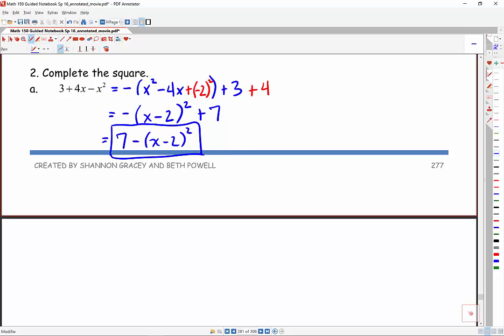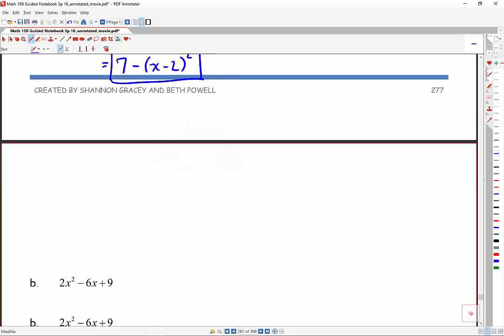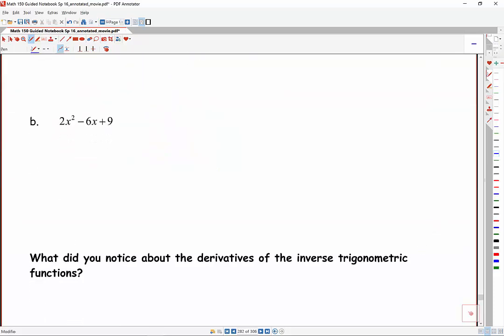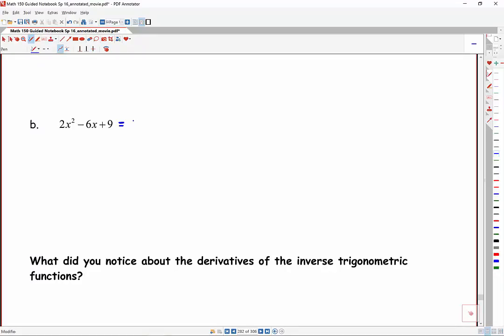Again, sorry about that, we're going to need to factor out the 2, so we have a coefficient of 1 in front of our x squared. That gives us x squared minus 3x, and then I have my plus 9 still hanging out. Now I'm adding negative 3/2 squared.